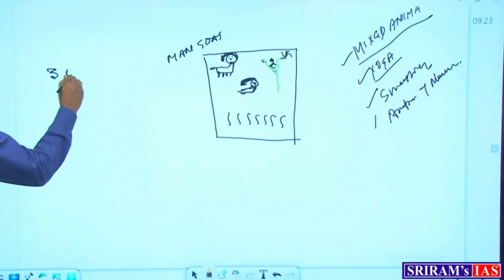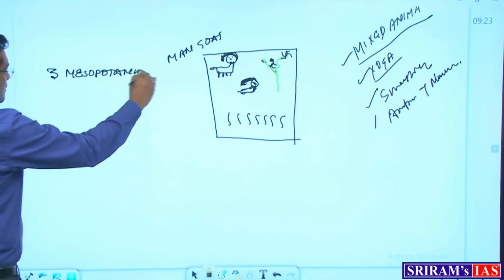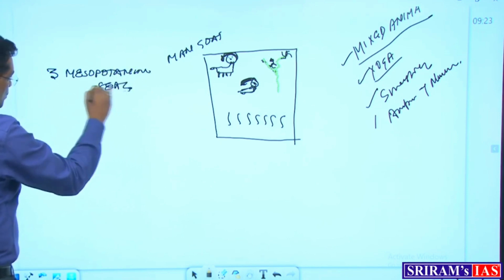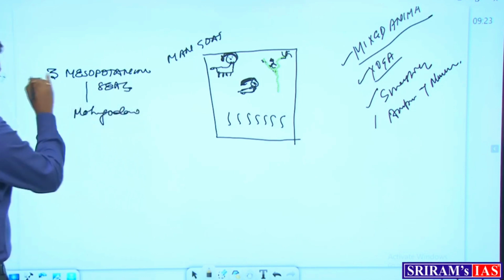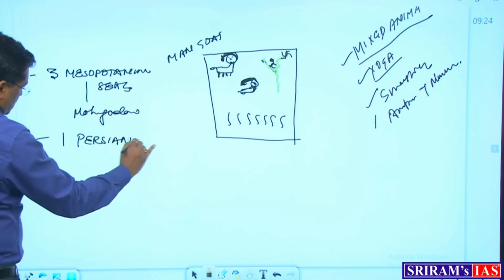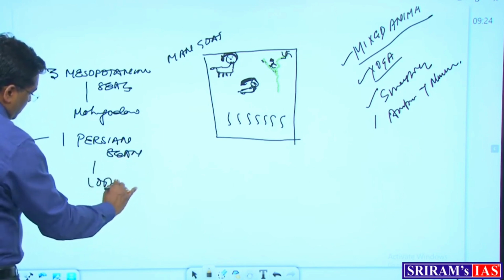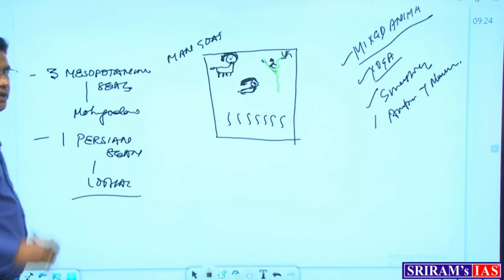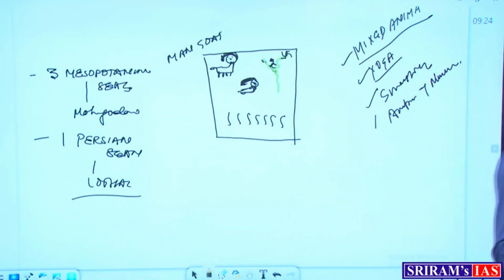Three Mesopotamian seals, which are cylindrical, were found from Mohenjo, and one Persian seal was found from Lothal. So it's not only Indus seals being found in Mesopotamia or Sumeria, but even the Persian and the Mesopotamian seals were found in the Indus Valley civilization.